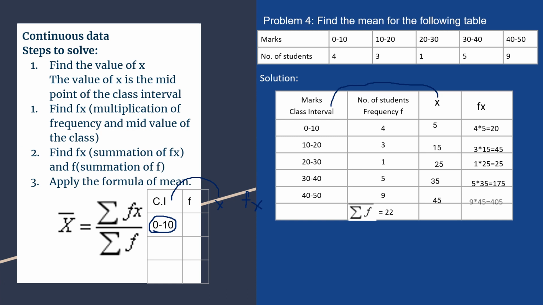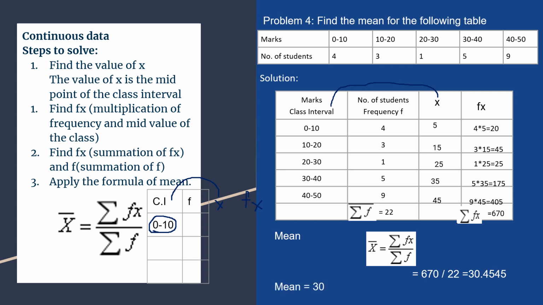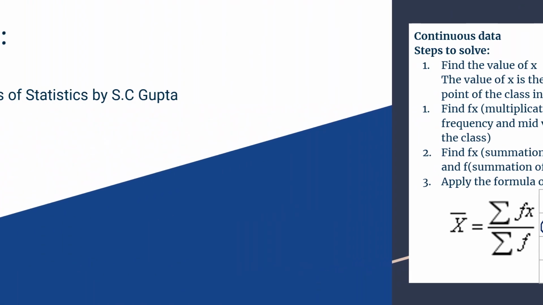Multiplying these two, we get these values. Add all these values, we get summation fx. So finally, x bar is summation fx upon summation f, which is 670 divided by 22, that is 30.4545. Hope all of you have understood.